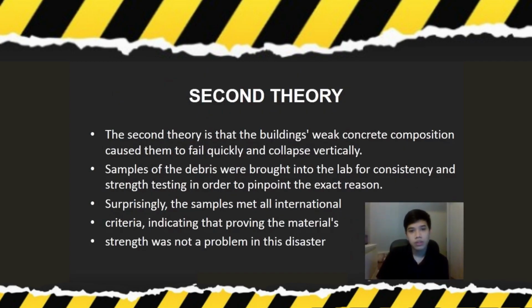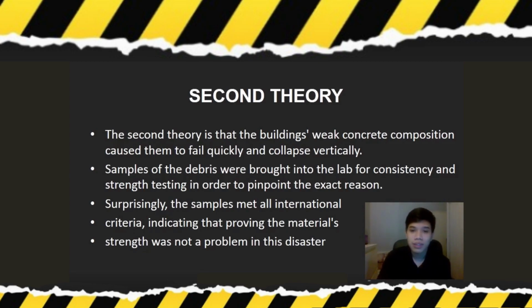Okay, so on this second theory, engineers speculated that the building might have had a weak concrete composition or a poor mixture of concrete, which caused it to fail quickly and collapse vertically. So they took samples of the debris from the site to the lab for strength testing and consistency testing in order to pinpoint the exact reason.